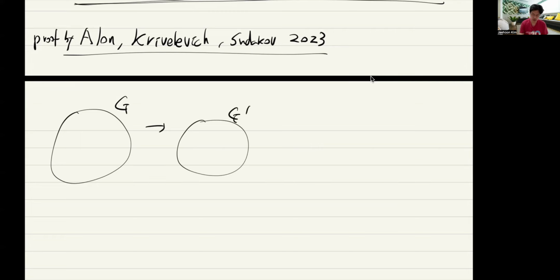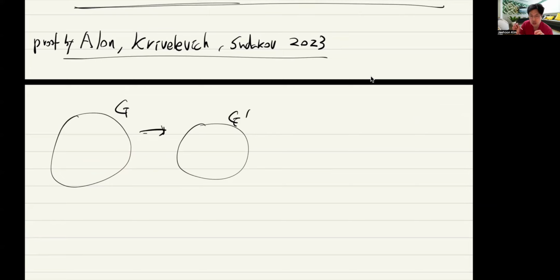If you find the H minor in there, then automatically you find the H minor in G. So you can contract edges as much as you want, and then try to show what you want in that graph. What we know is that if you have a graph G, you can do deletion of vertices, deletion of edges, and contraction until you get a quite dense graph.